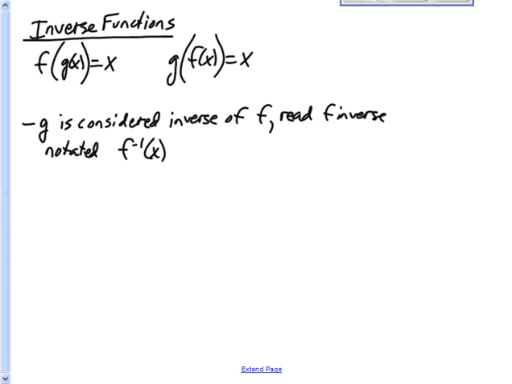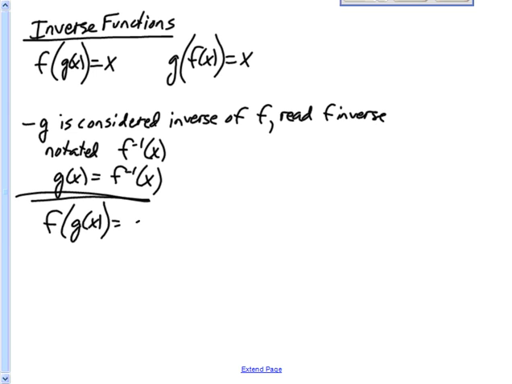Here I'm considering g of x to be the same as f inverse of x. So when I say f of g of x equals x, that's the same thing as f of the inverse of x spitting out x. So g is again the inverse of f, and f is the inverse of g.